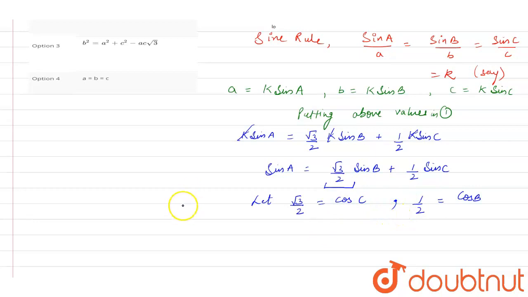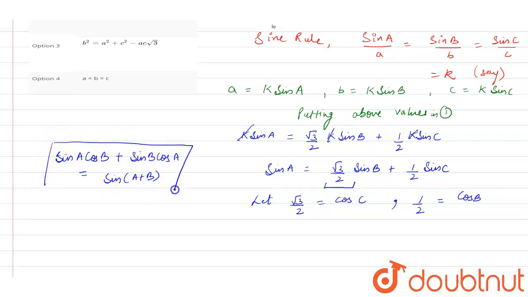Alright, I'll write the identity for you here. The identity says sin A cos B plus cos A sin B is equal to sin of A plus B. This is the identity we are using here.